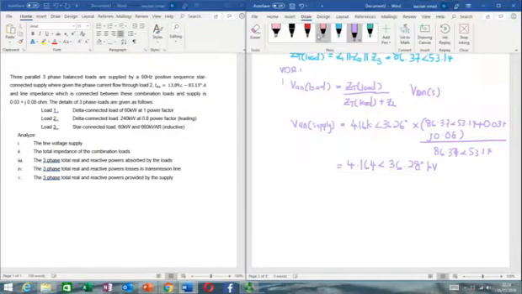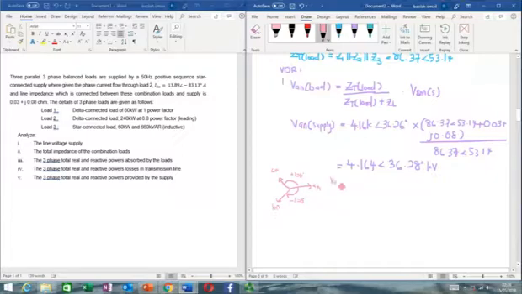Alright, once you calculate VAN, you have to find the rest, VBN and VCN. For positive sequence, to get VBN you have to subtract 120, and to get VCN you have to add 120.